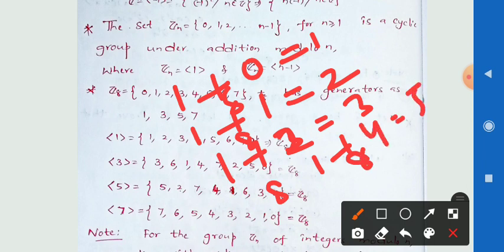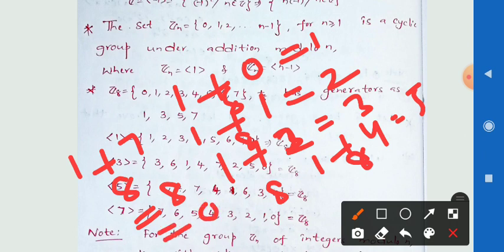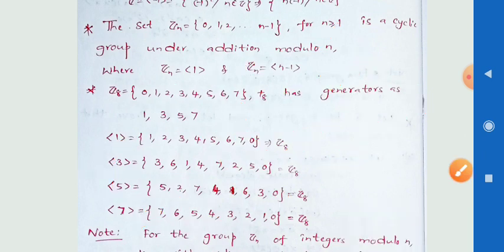Similarly we show it like this, and we get the last one, 1 plus 7 addition modulo 8. 1 plus 7 means 8. If 8 is divided by 8 we get 0. Therefore the values are 1 2 3 4 5 6 7 0.